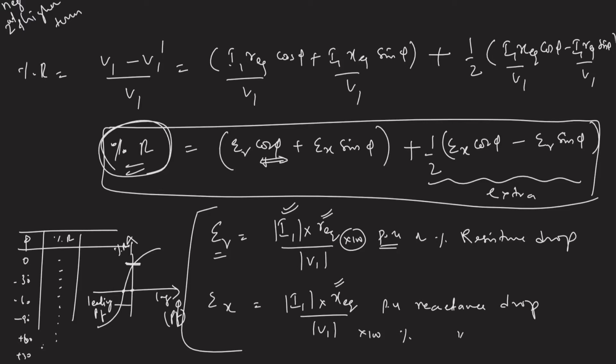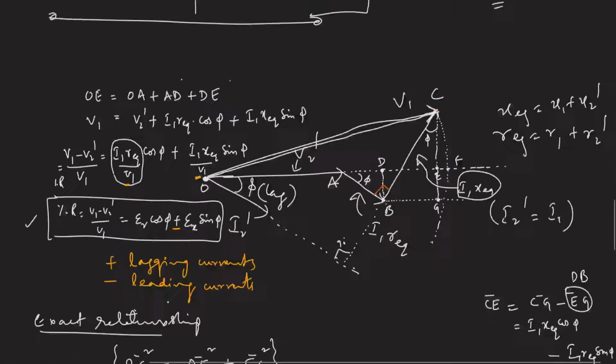But when you move on to the leading side power factor, slowly this regulation comes to zero, right? So always in a transformer, the zero regulation occurs. What do you mean by zero regulation?